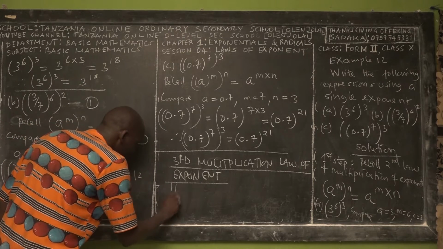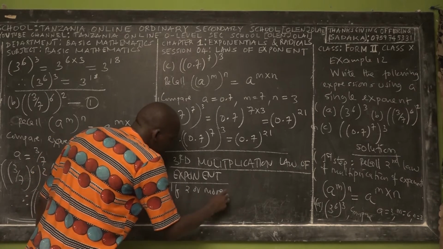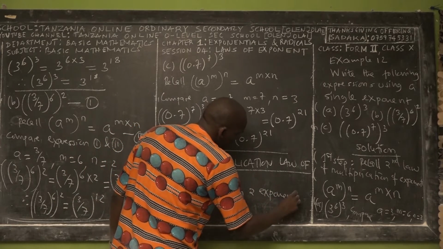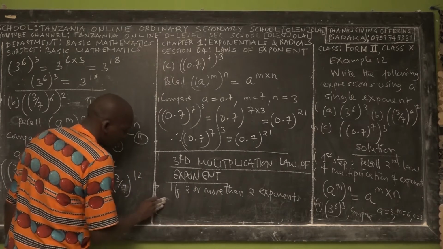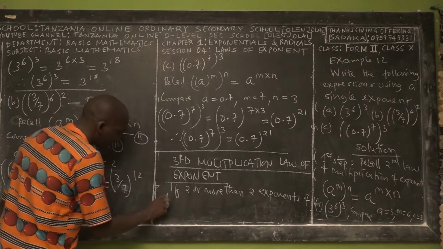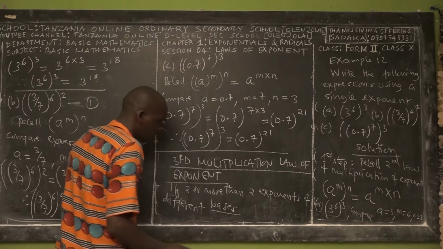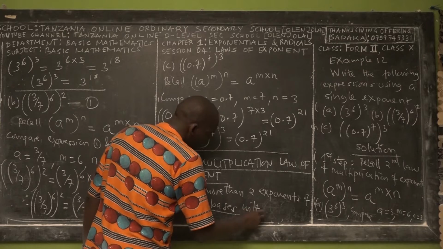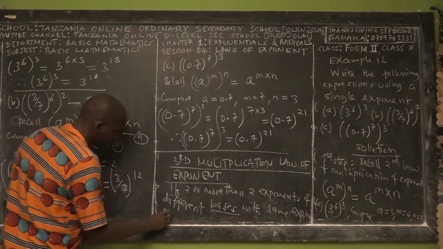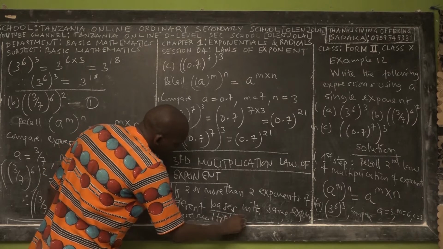If 2 or more than 2 exponents of different bases with the same exponents are multiplied together.